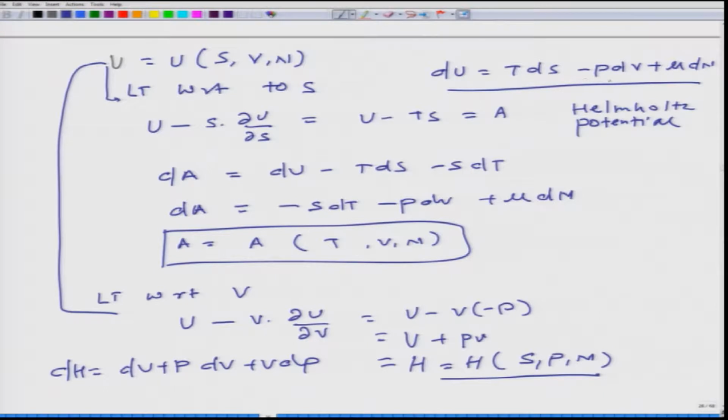You make use of the expression of dU, and thus you get T dS plus V dP plus mu dN. Thus this is a function of S, P, N, which are the natural variables for enthalpy.